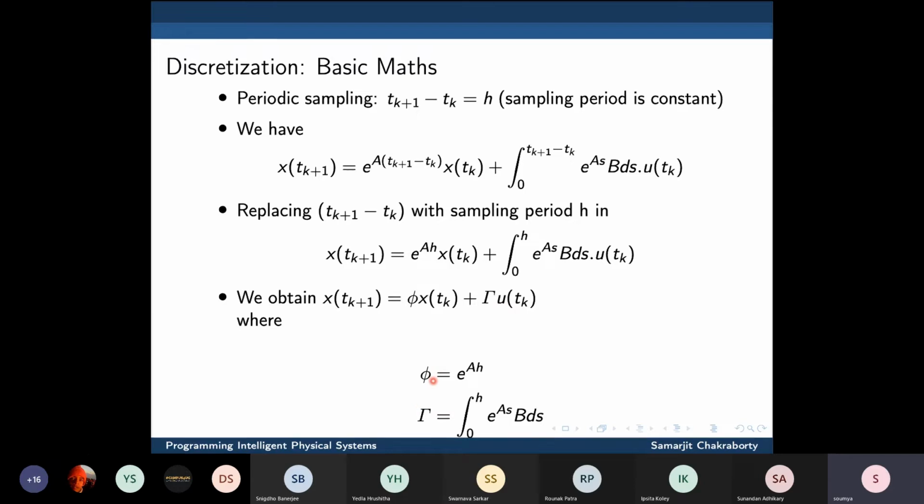The first matrix, phi, is e to the power Ah, and the second matrix, capital gamma, is the integral from 0 to h of e to the power As times B ds. The importance of this equation is that it is nothing but the discrete time version of the original continuous time equation. Am I clear? Yes, sir.